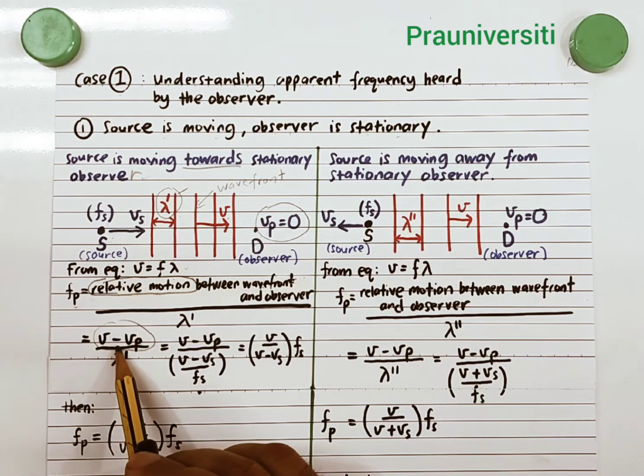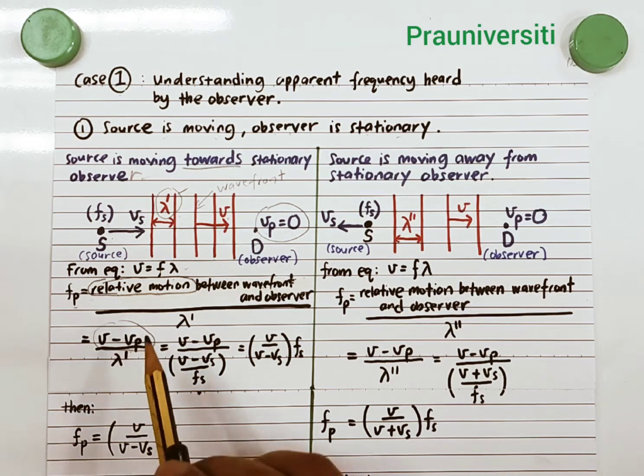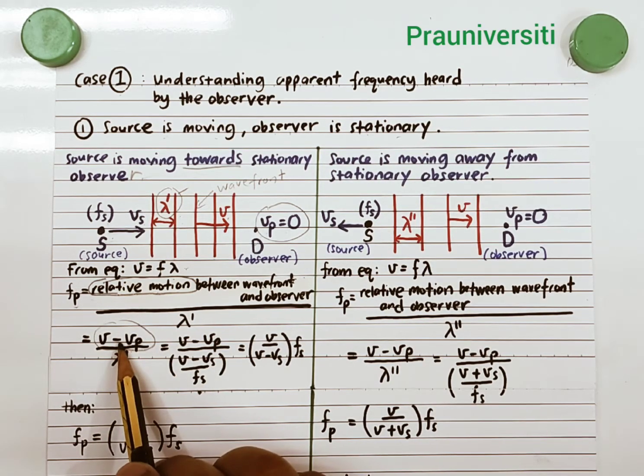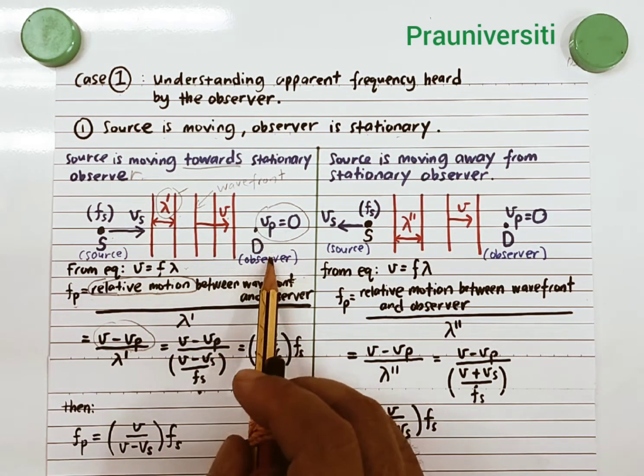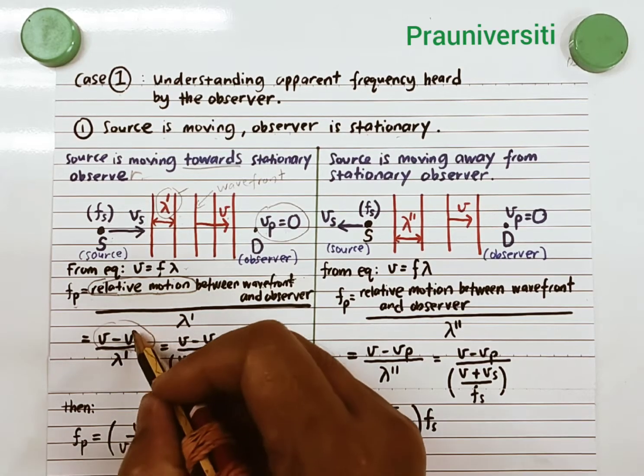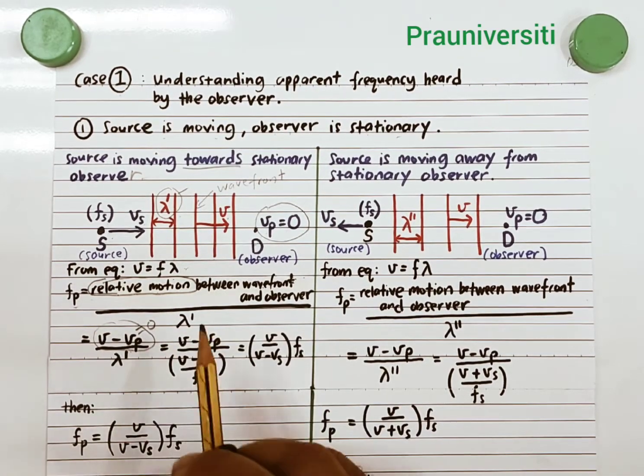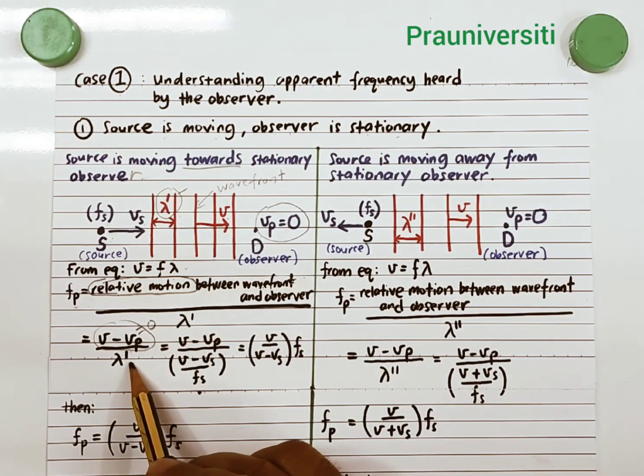Because the observer is stationary, Vp is equal to 0, so the relative motion is V minus Vp, which is just V, over lambda prime.